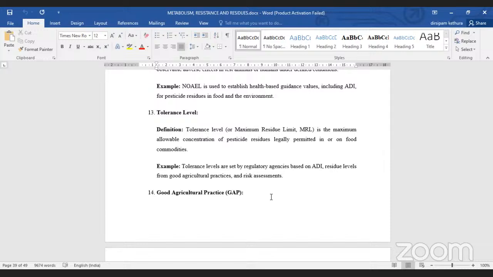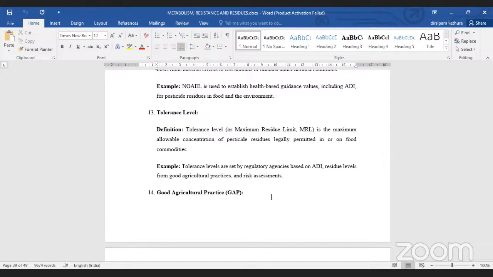And these tolerance or maximum residue levels for pesticides were prescribed by different committees based on a very conservative set of assumptions, including that each pesticide is applied at a maximum rate and maximum number of applications with a maximum permissible interval allowed between applications. And these tolerance levels can also be studied under MRL, that is maximum residue limits.